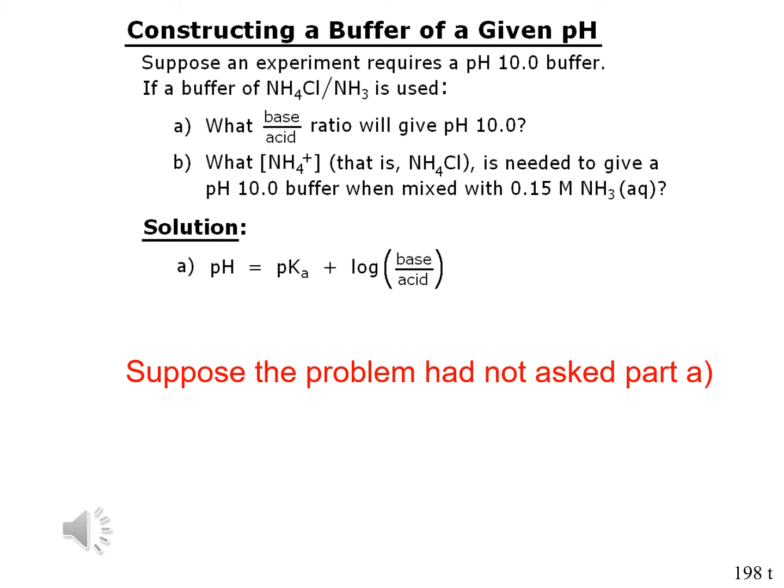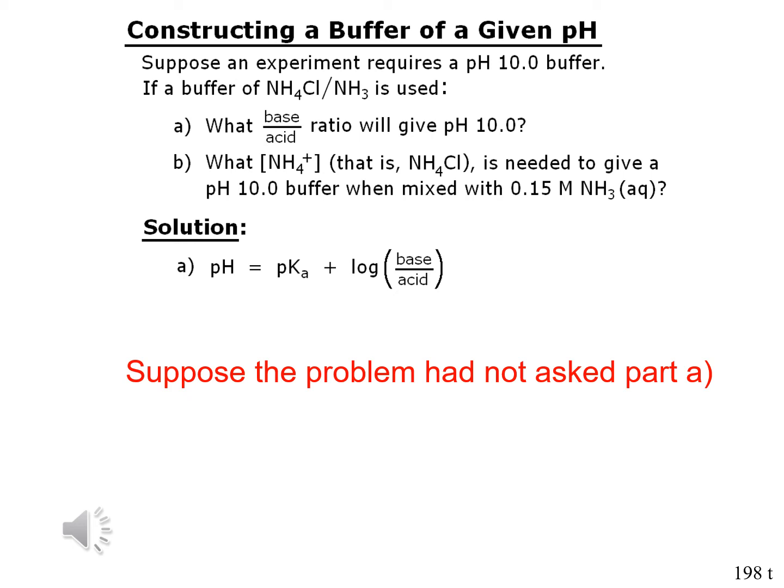Now, people ask this question of me every year, and I want to answer it. What if all I had asked in this question was part B? I did not ask you to get the ratio. See, a chemist will usually get the ratio because once you have it, you can calculate all kinds of buffers with it.